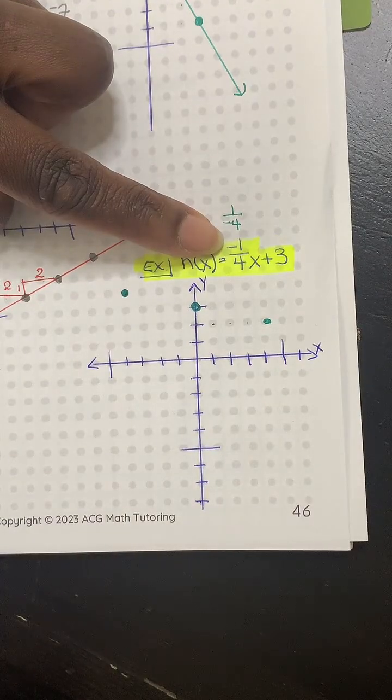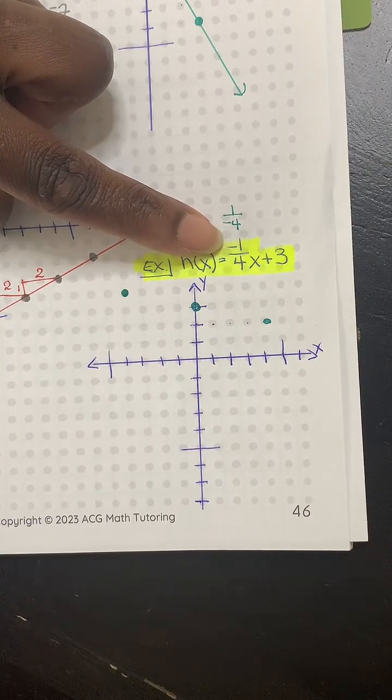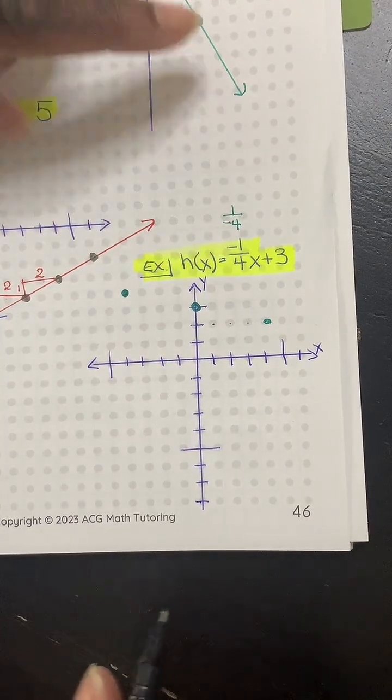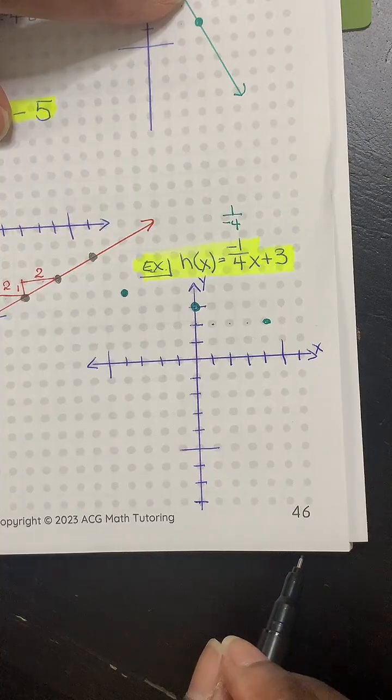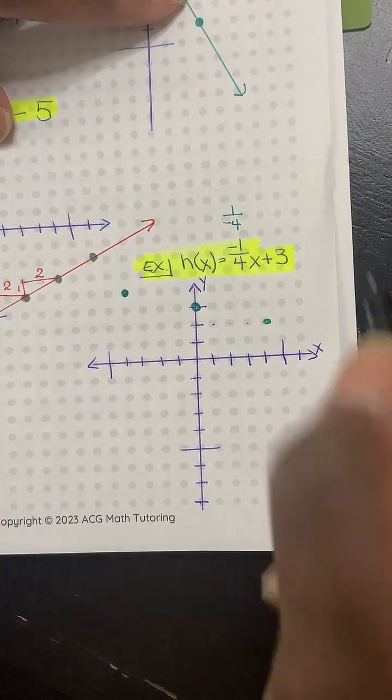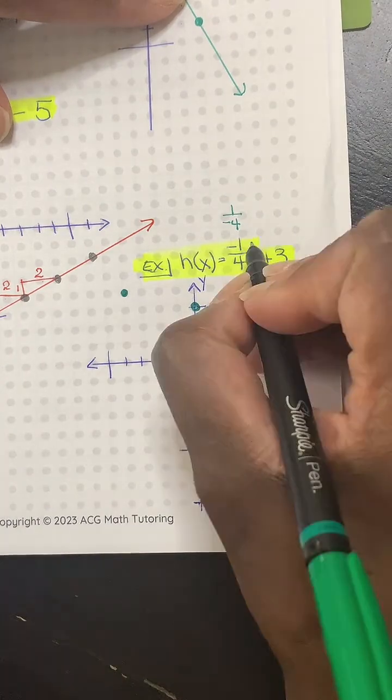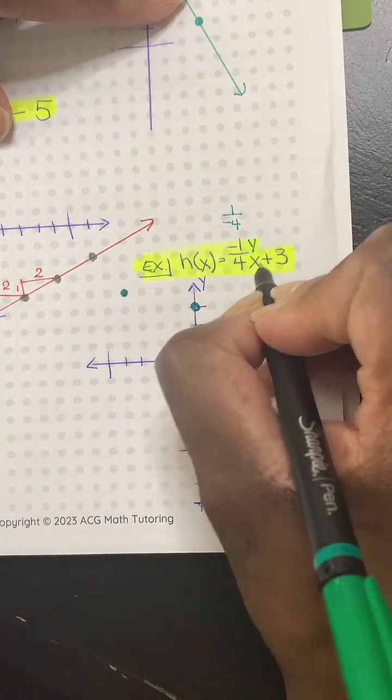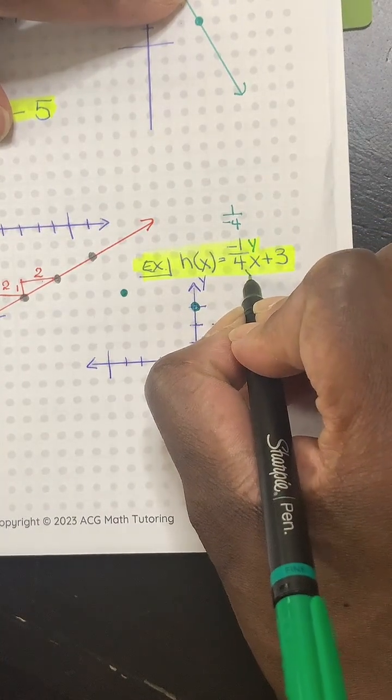Notice what happens to those green points. Is the first number the x-axis and the second number the y-axis? Yes, it is. So this is my y's, and the 4 is my x's.